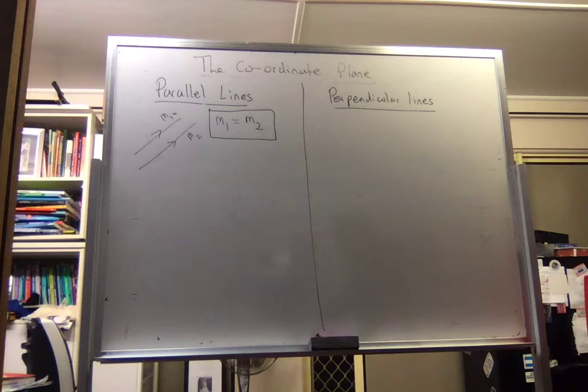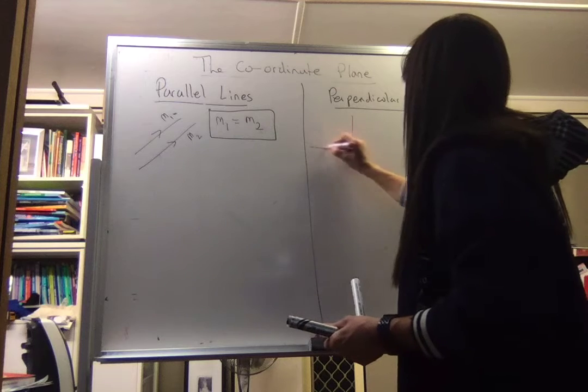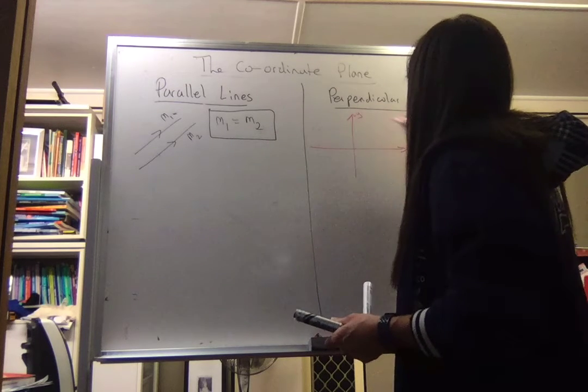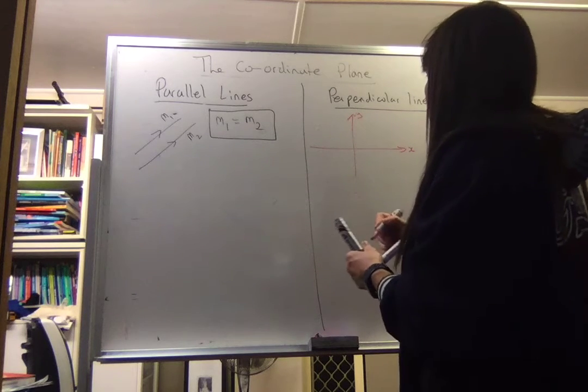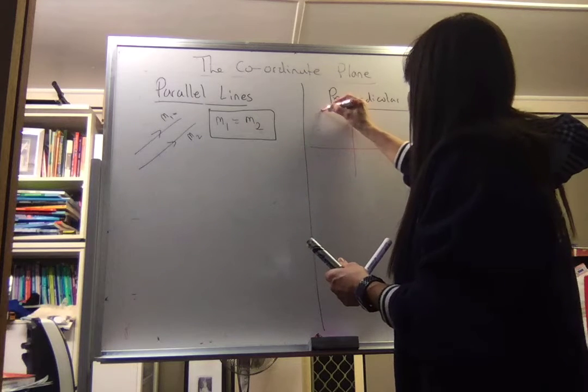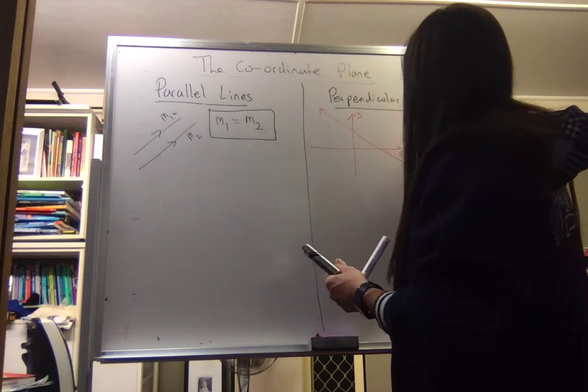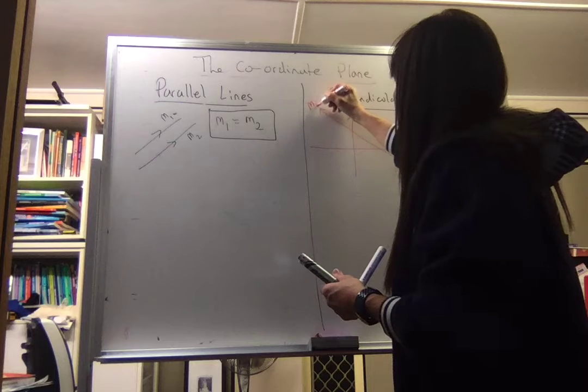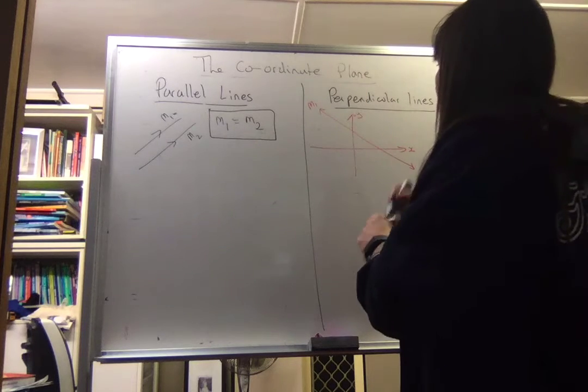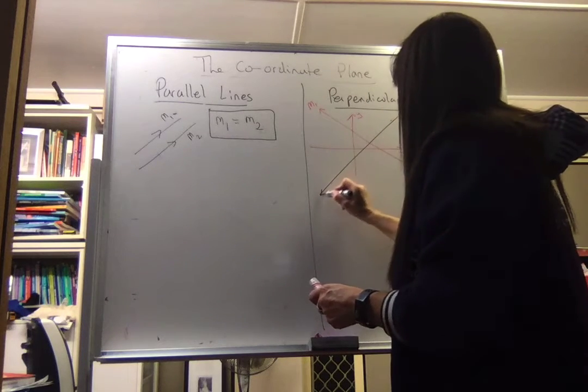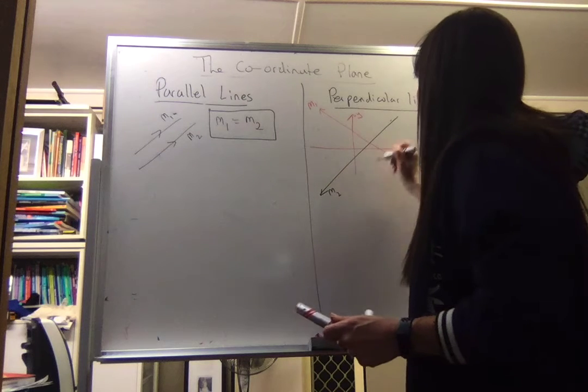Okay, then when we think about perpendicular lines, let's say I have the x and the y axis, and I have a line going this way, and this is the gradient M1, and then I have a line coming across this way, and this has a gradient of M2.